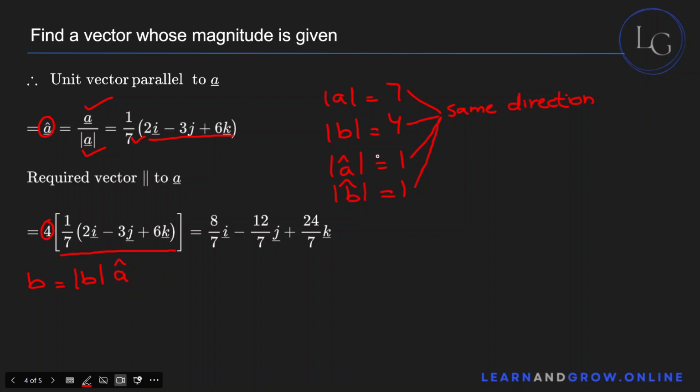But since everything about the unit vector is the same, the unit vector A is equal to the unit vector of B. Which is why this is basically equal to B into the unit vector B. So I hope that simplifies it down a bit.